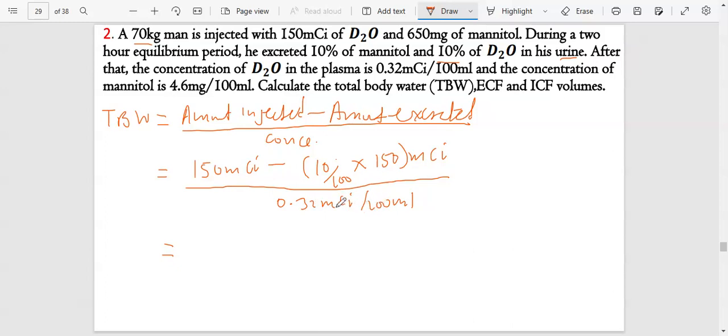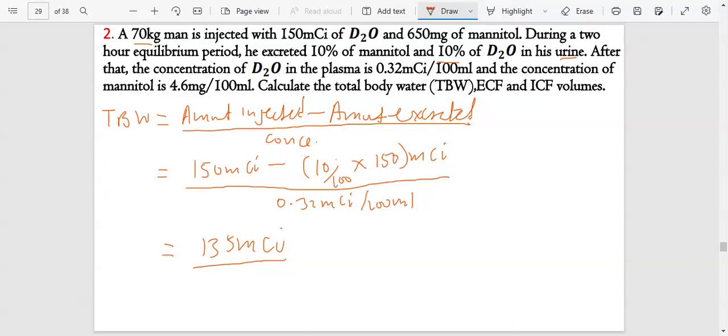If we want to go stepwise, 10 over 100 multiplied by 150 gives us 15. 150 subtract 15 is going to be 135 millicurie, divided by 0.32 millicurie per 100 mils.